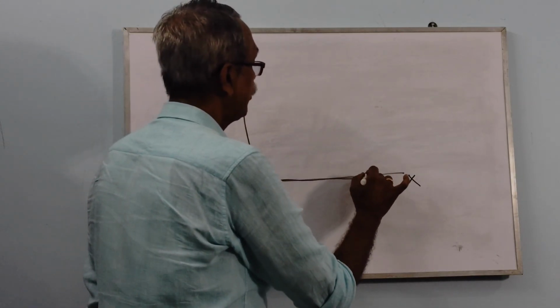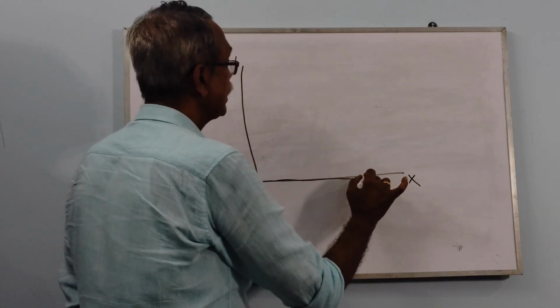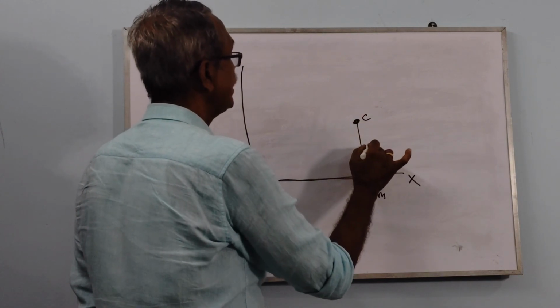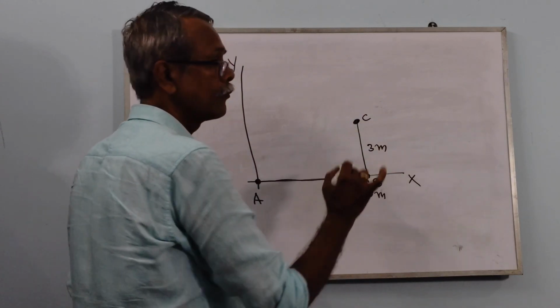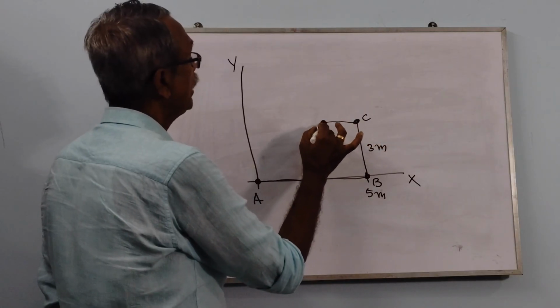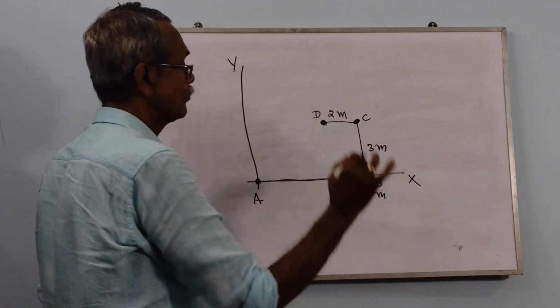That point is B. From B, the particle travels to point C, which is at a distance 3 meter, and then it travels back to the point D. This distance is 2 meter.